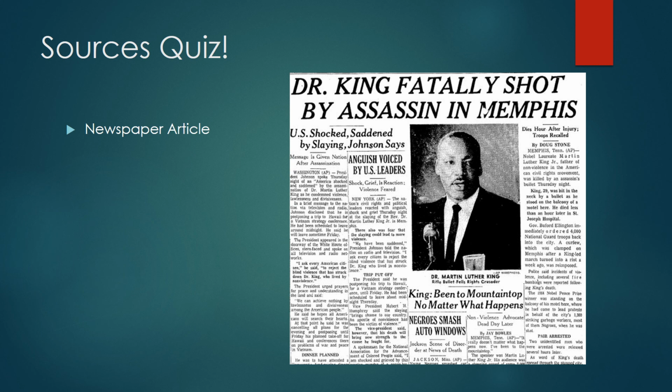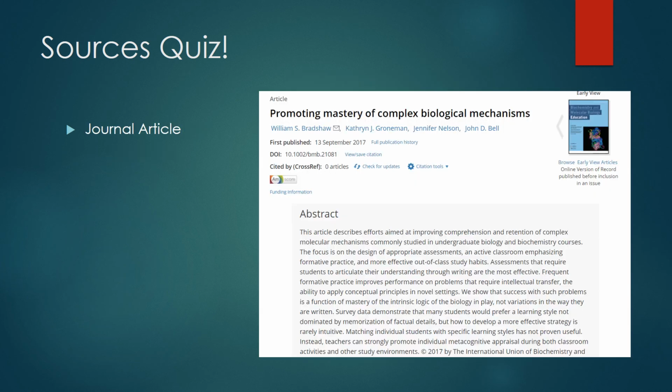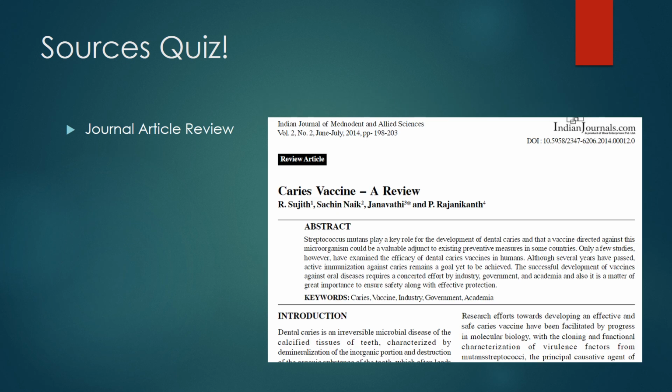All right, a newspaper article is secondary, right? You're taking the actual events or what people said and combining it into a newspaper article. Now, a journal article published in a journal that's peer-reviewed would be primary. Okay. A journal article review is where, again, a lot of them say a review, which is really nice.